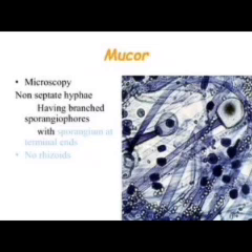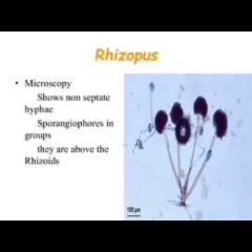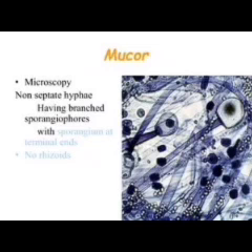PAS stain and Giemsa stain work with them. They are ribbon-like, folded, collapsed, twisted, broad hyphae.